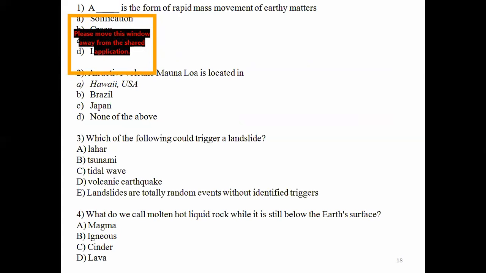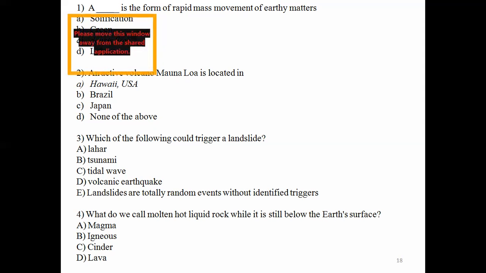Which of the following could trigger landslides: lahar, tsunami, tidal waves, volcanic earthquake? Landslides are totally random events without identified triggers. You have to choose the most suitable answer. What do you call molten hot liquid rock while it is still below the earth's surface?